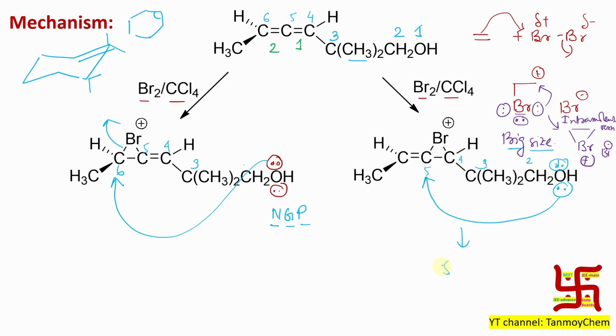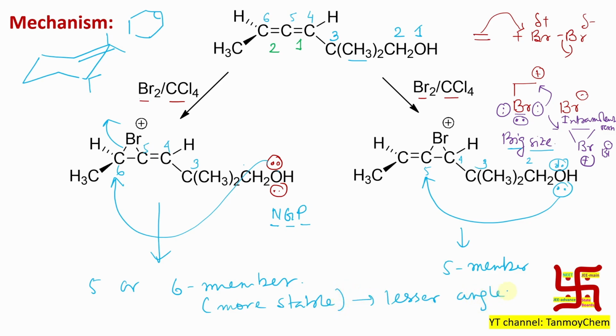So only here 5-member ring formation is possible, and here there is a chance of both 5 or 6-member. As I told you, a 6-member ring is relatively more stable due to lesser angle strain. This 6-member ring will be produced.